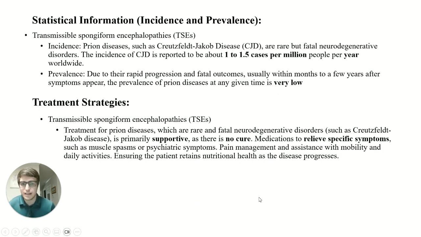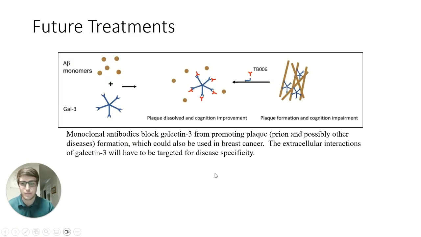So statistically, as I said before, its prevalence is very low. It has 1 to about 1.5 cases per million, and this can happen not just from cannibalizing another human, but from eating bad meat from a cow or from some other animal. And there's no treatment for it as shown in the treatment strategies. All the medication is just to relieve symptoms associated with this disease.